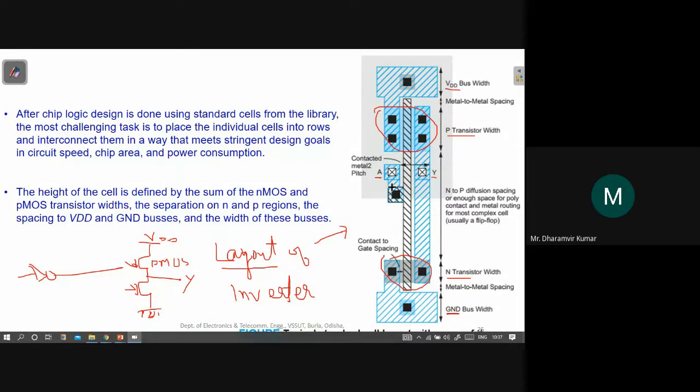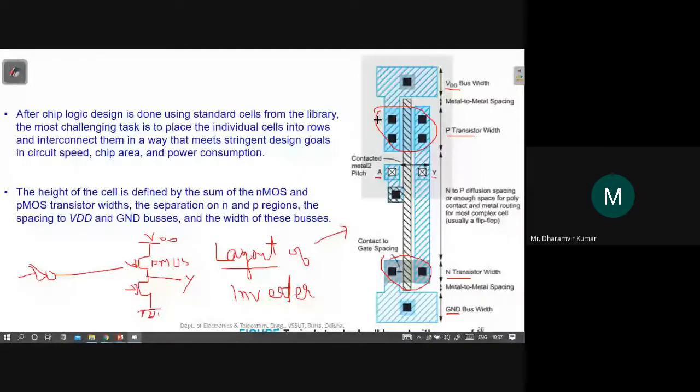So if this is the layout of an inverter, okay, it must be having some dimensions in terms of width and height. Okay, so how much length it is consuming? It is the summation of all these components: VDD bus width plus P transistor width plus the spacing between these two things plus ground rail width plus N transistor width plus the spacing between these two things plus the spacing between P transistor and N transistor.